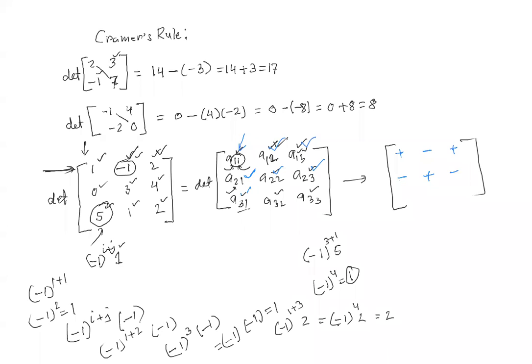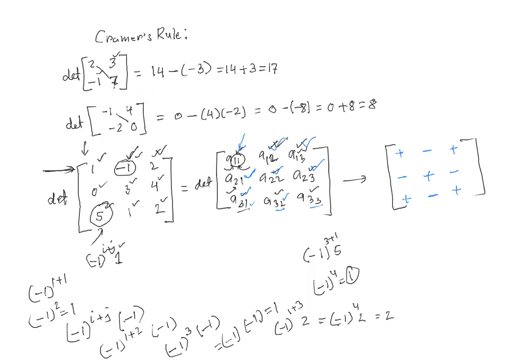How about A31? Positive or negative sign? Positive, because 3 plus 1 is 4. A32 is going to be negative, because 3 plus 2 is 5. Then A33, 3 plus 3 is 6, is even, is going to be positive.